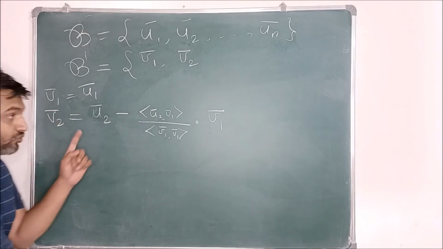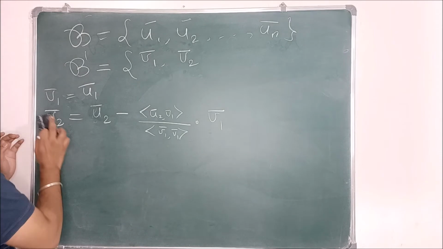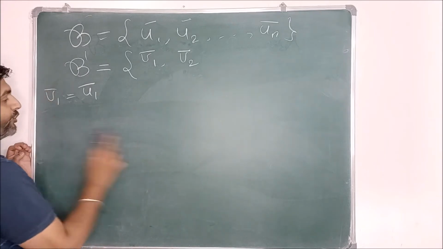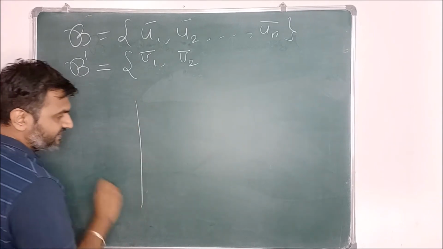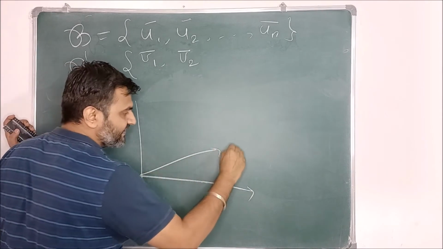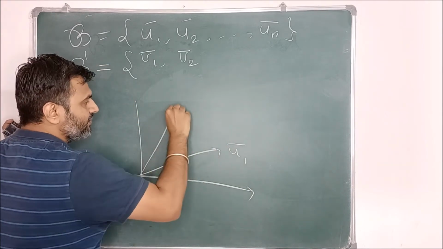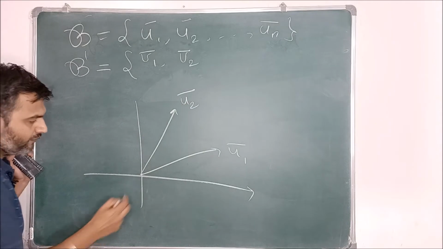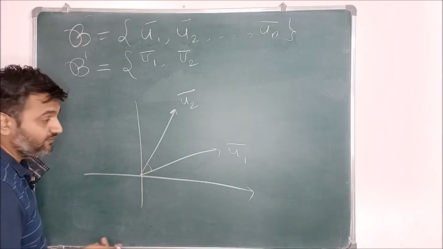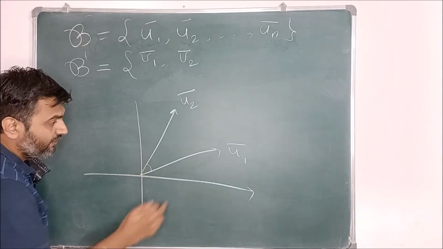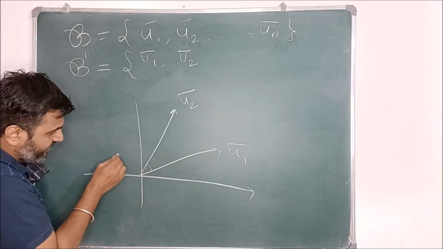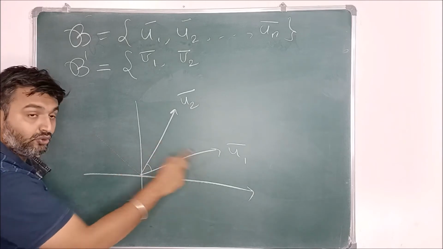Now let me try to show this geometrically. Suppose you have this as your u1 vector and this is your u2 vector. Obviously you can see the angle is not 90 degrees, so these two are not orthogonal. For u1, something here might be orthogonal to u1.